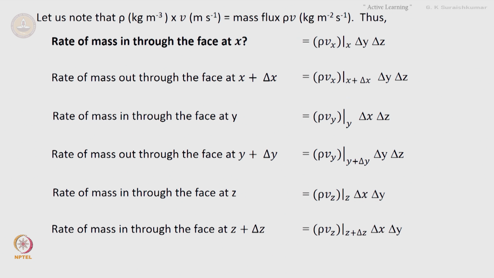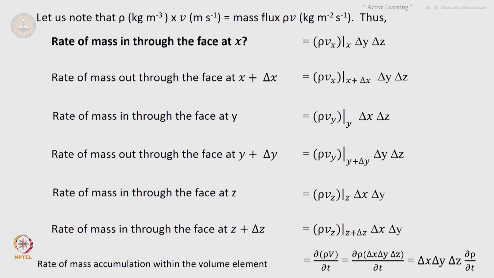The only term that remains in the material balance is the rate of mass accumulation within the volume element, and that can be represented as this. Again, the students might need help based on experience.